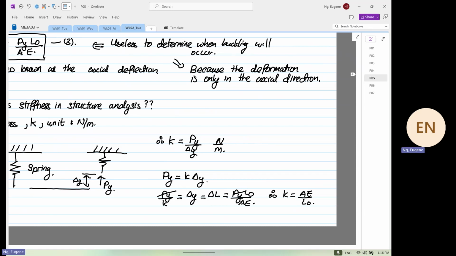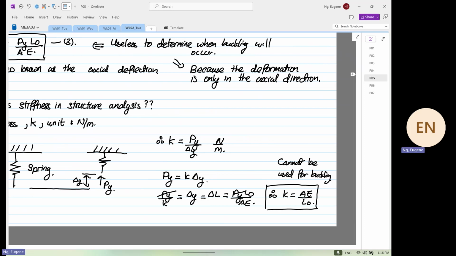Again, this definition of stiffness cannot be used for what? Buckling. Okay, this stiffness cannot be used for buckling.